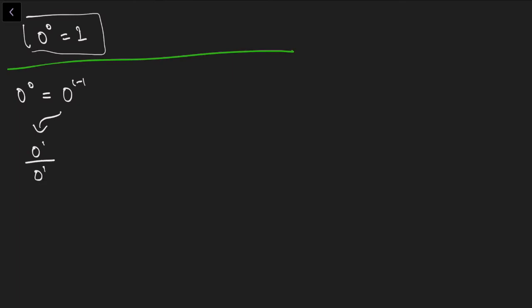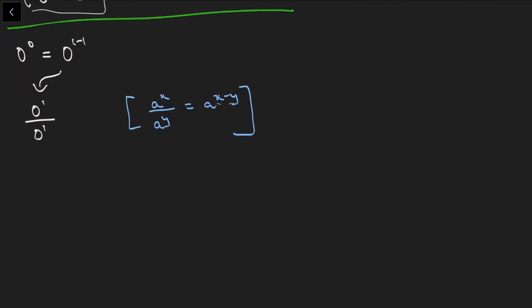According to the laws of indices, you have a raised to x divided by a raised to y is equal to a raised to x minus y. And that's what we're doing here, where x and y are 1 and 1 and a is 0.